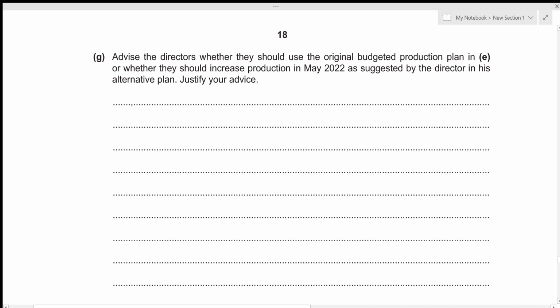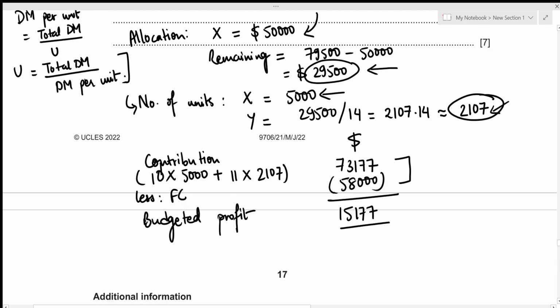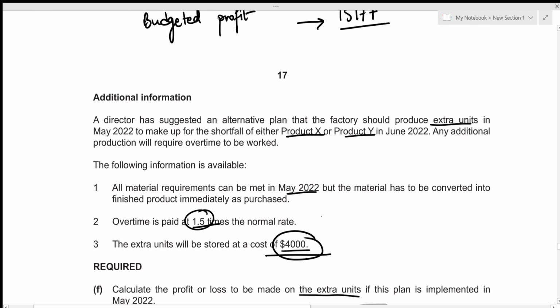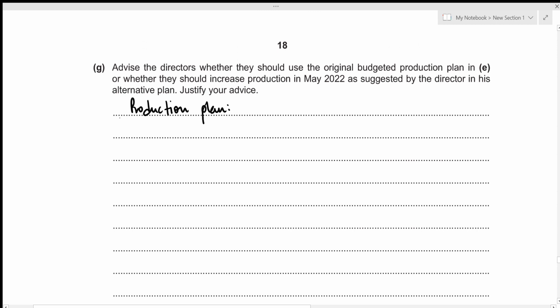Okay, so let's talk about the original budgeted production plan. So we can see that we figured out a profit, right? So budgeted profit was 15,177, and we can say that this will produce an optimum profit. Let's write it down.